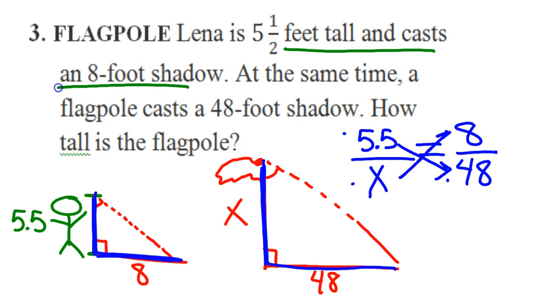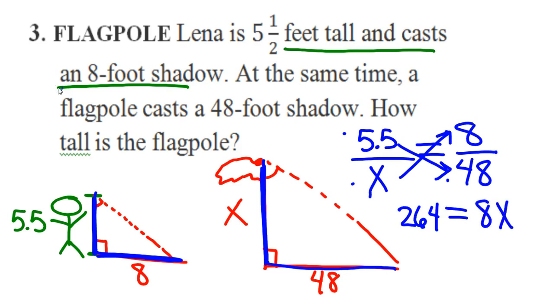Let's cross multiply and divide. So 5.5 times 48 is 264, which is equal to 8x.